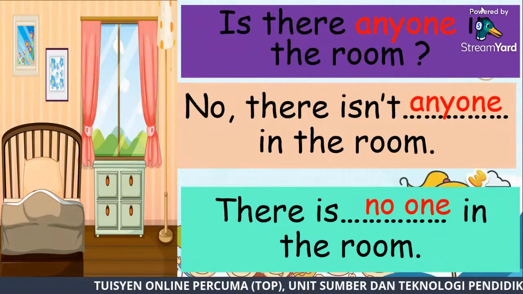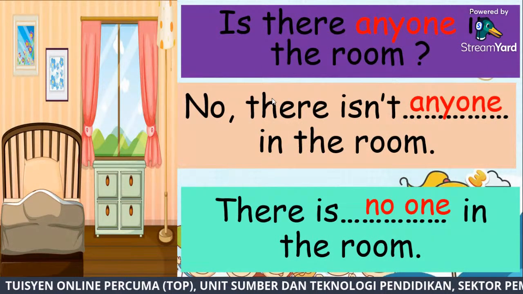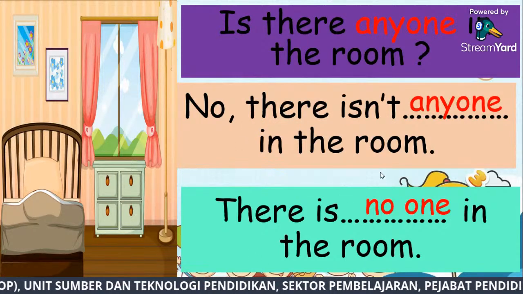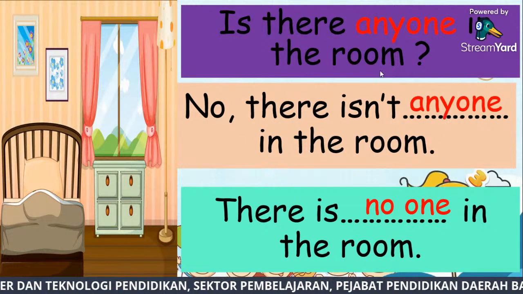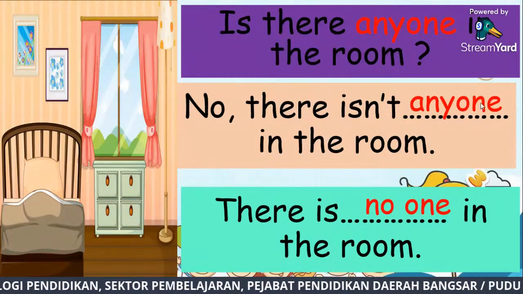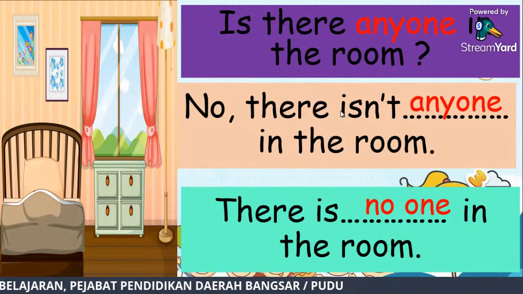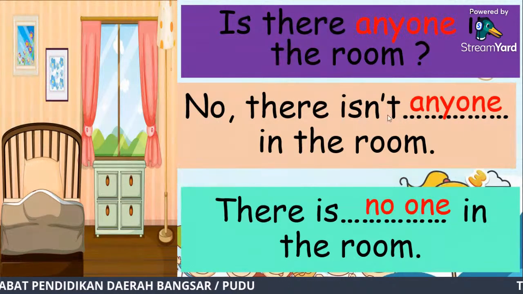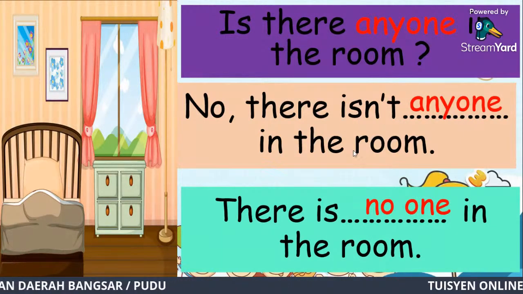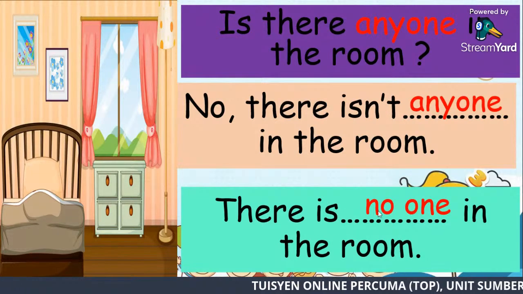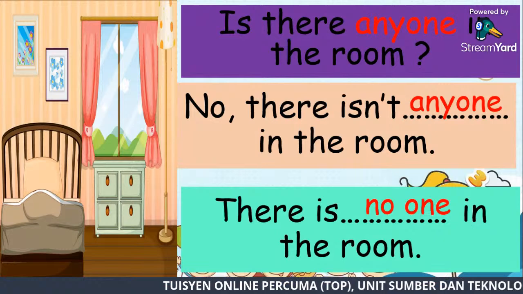So these are two different sentences. This is a negative form of sentence, where we will be using anyone. When you see isn't, then you have to use anyone. If you are seeing is, then you can say no one in the room.